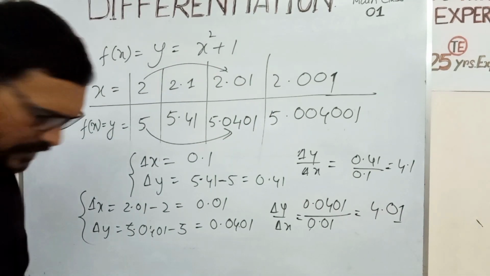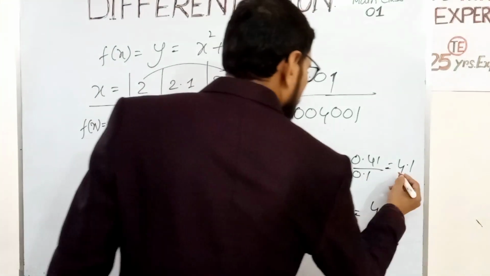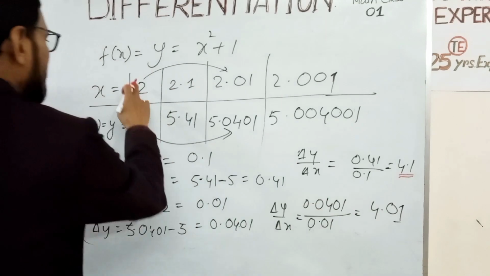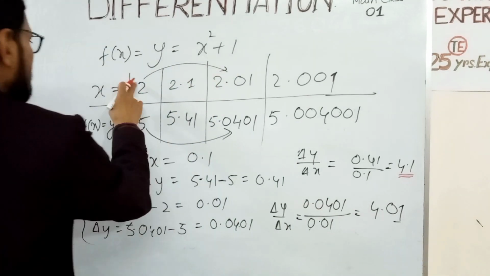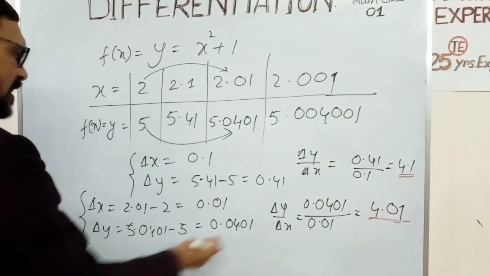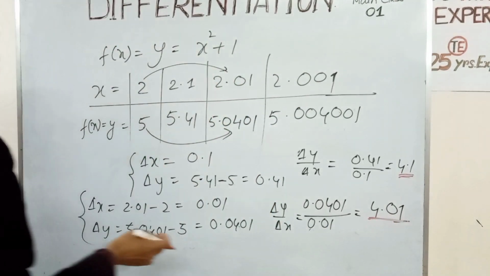So now mark this value. For this interval, the value of delta y by delta x is this, and if we increase x from this to this, then the ratio becomes this.